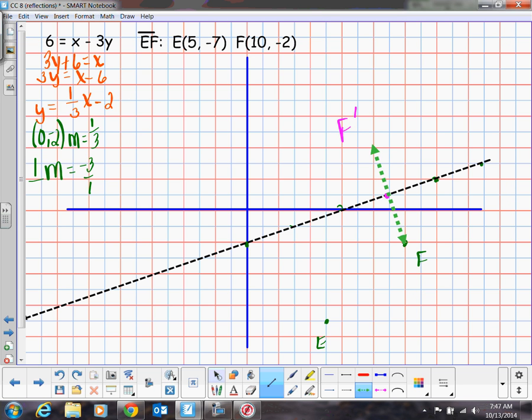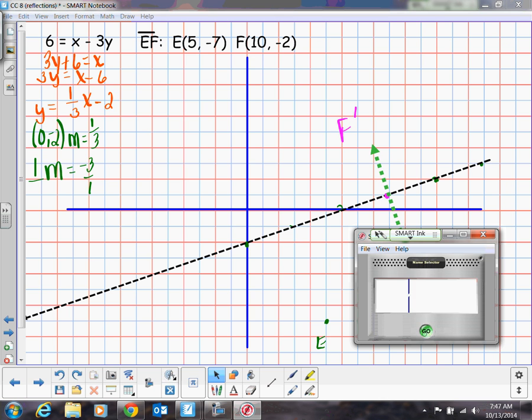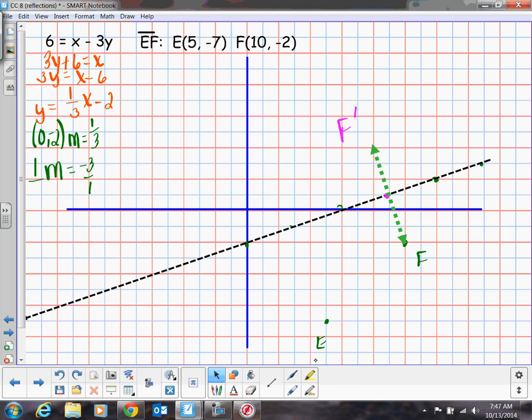All right, so now with E, what am I going to do to find E? Caitlin? E prime, what do I do from here? Okay, if I go down 3 over 1, am I getting closer to the reflection line or away from it?